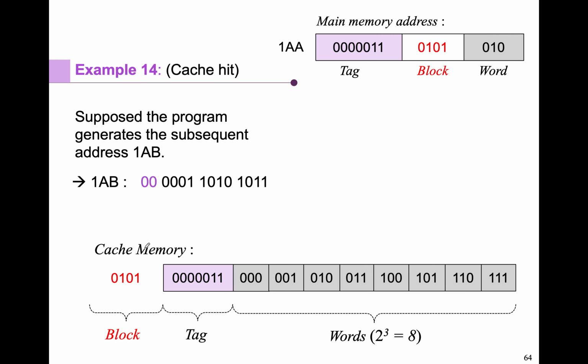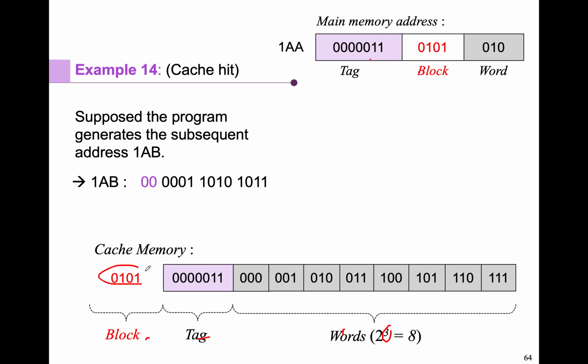And in the cache memory standard form, you're going to have your block, tag, and words. Word is to the power of 3. And you're also going to see all this tag and block. Block is 0, 1, 0, 1.